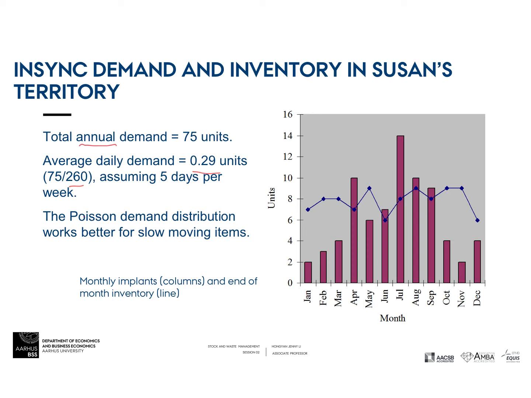This average daily demand is very small, even less than 1 unit. So the Poisson demand distribution works better for slow-moving items. In that sense, we decided to model Susan's territory's inventory problem based on a Poisson model.